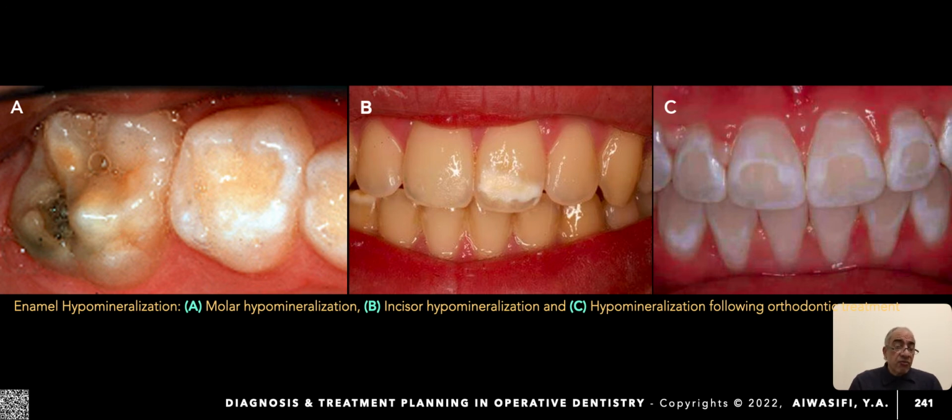Photograph A shows molar hypomineralization at ridges and cusp tips, B incisor hypomineralization, and C hypomineralization following orthodontic treatment, especially if your patient is consuming acidic or carbonated beverages too much. In photograph C, you could notice the place where the braces were bonded to the tooth structure, and hypomineralization appears all around it due to improper maintenance of oral hygiene during orthodontic treatment.